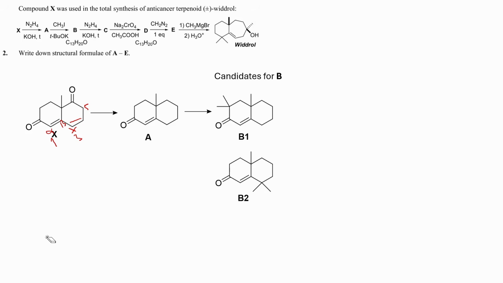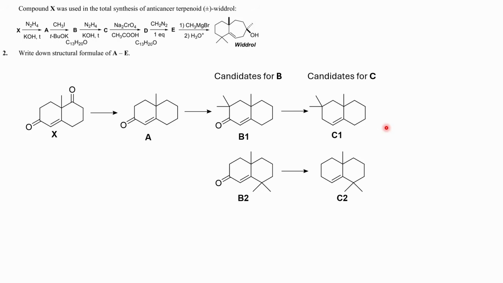So in this case, we can have a negative charge here as well, because it can be delocalized onto oxygen, right? So that proton in that position is also acidic. It can be deprotonated to have a negative charge, and then can attack methyl iodide twice to have this structure as well.